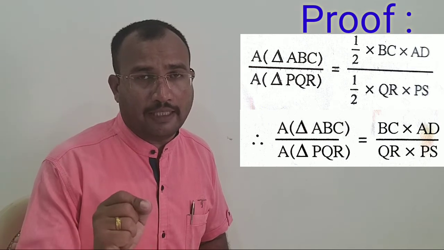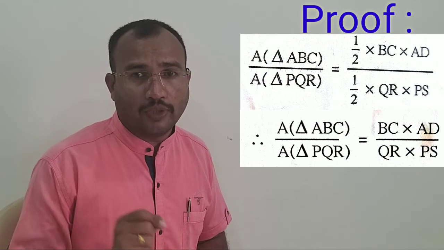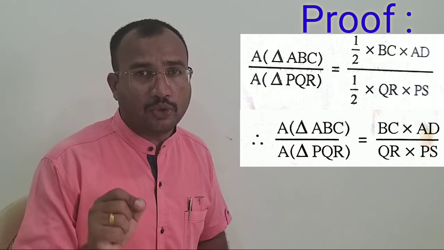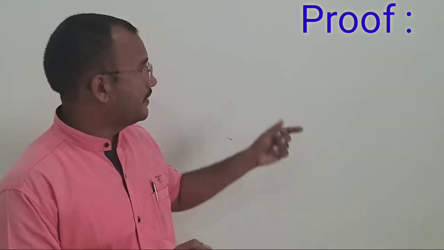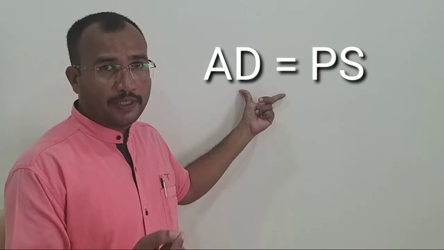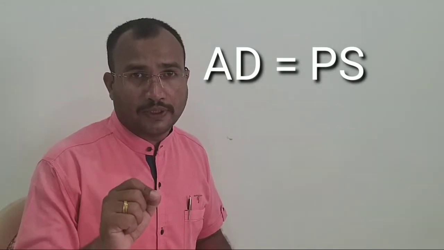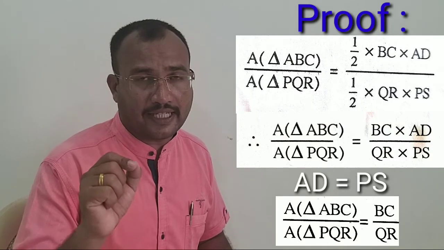Area of triangle ABC divided by area of triangle PQR equal to BC into AD divided by QR into PS. But heights are equal means AD is equal to PS. If we put that value, then AD and PS both are equal, hence they get cancelled.